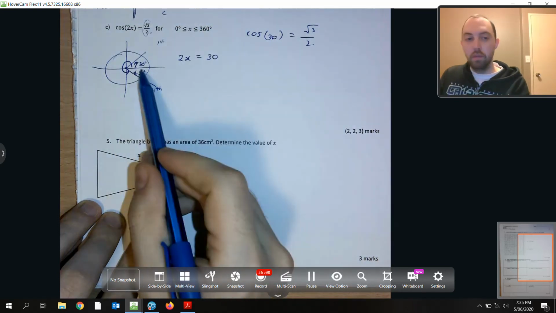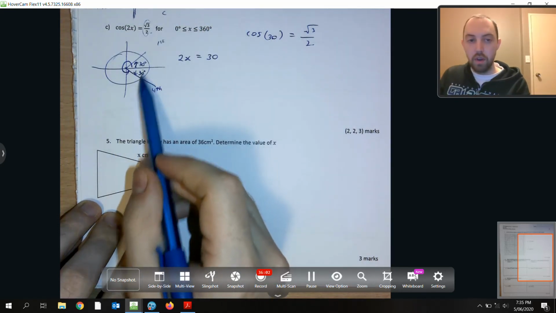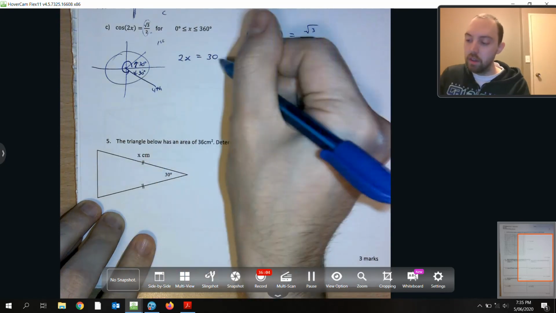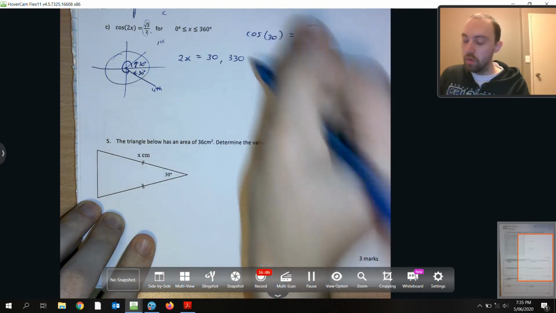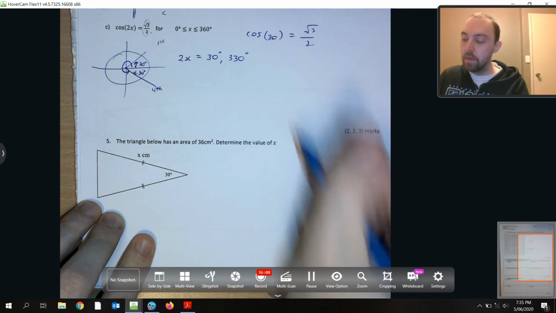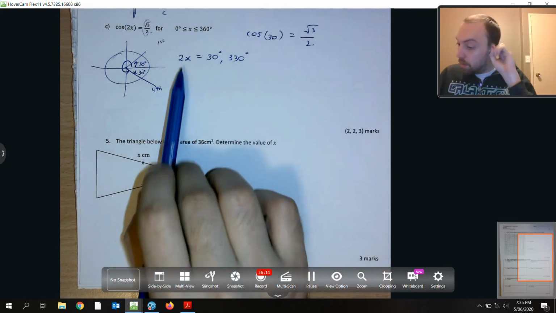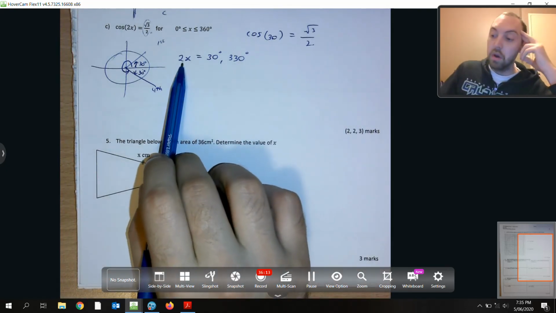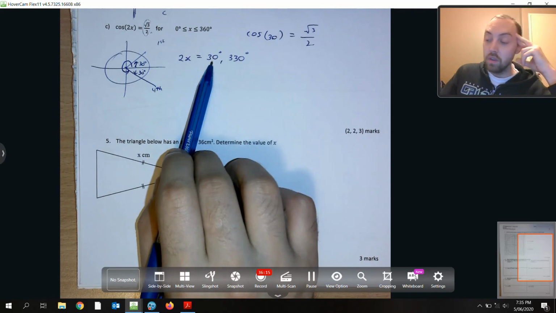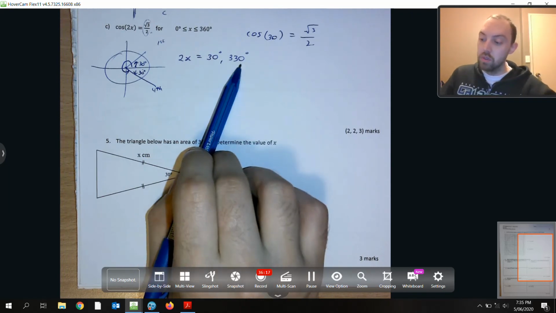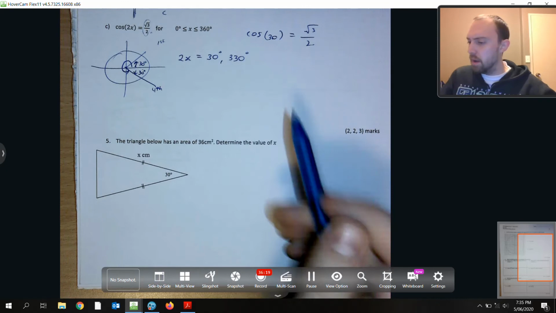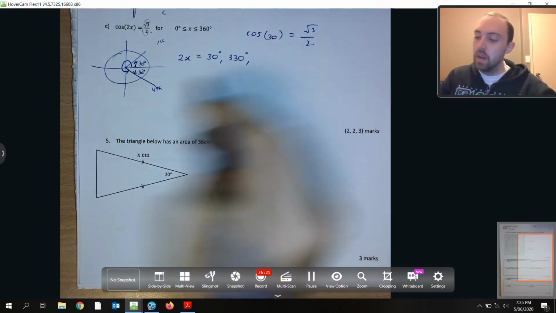Most of a revolution besides the 30, so we've got 30 left, would mean 330 degrees. Alright, but what's going to happen is that I'm going to have to divide each of these values by 2. So just in case, maybe I add a couple extra.